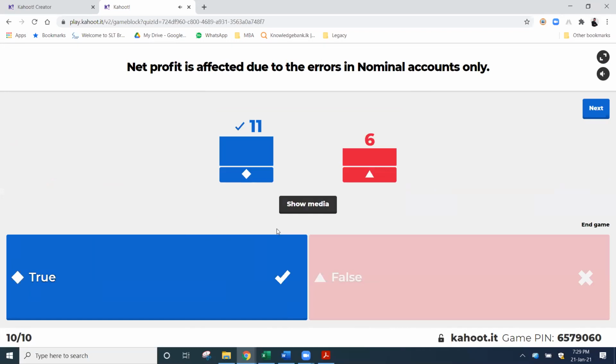So as I said earlier, there are three types of accounts: real accounts, personal accounts, and nominal accounts. Nominal account means income and expenses, that will affect the profits. The other two accounts will not affect the profits.